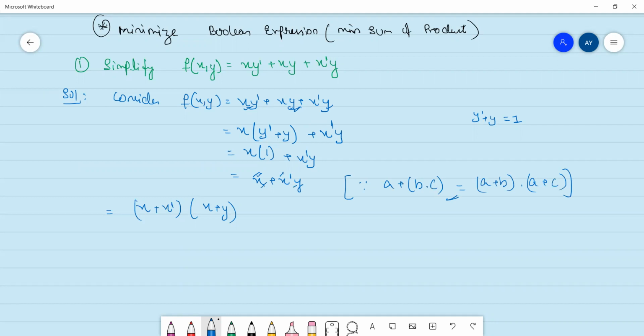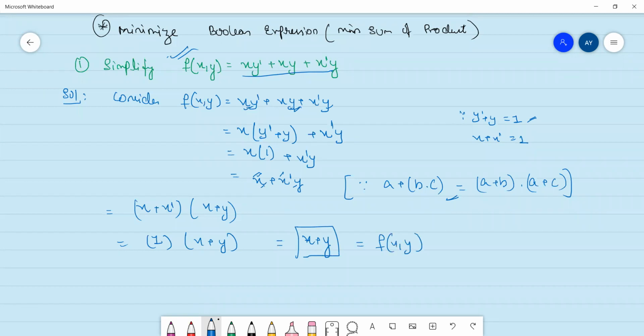Since y plus y' equals 1, obviously x plus x' will also equal 1. So this is 1 into x plus y. So what is the answer you got? You got x plus y. So when you simplify f of x, y, the remaining answer is x plus y.